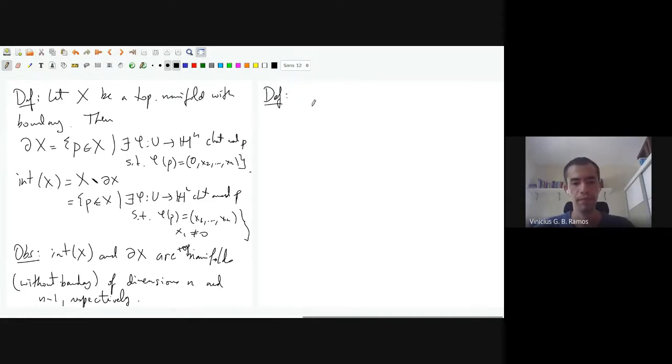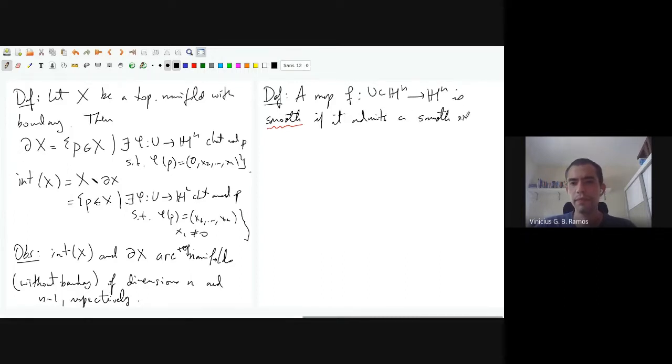Definition: a map from an open set U in H^n to H^n is called smooth if it admits a smooth extension to a map F tilde from U tilde to R^n, where U tilde contains U and is an open set in R^n.